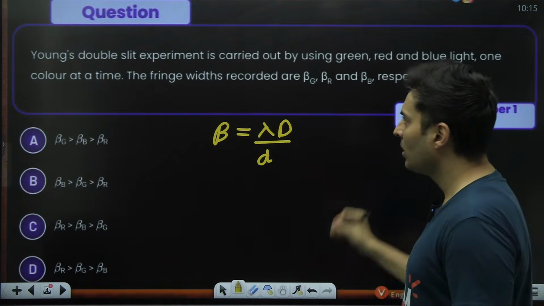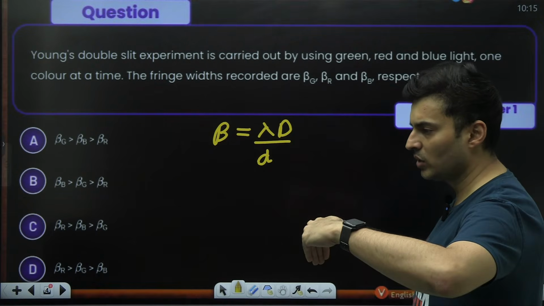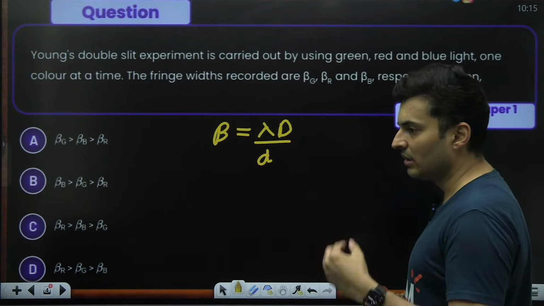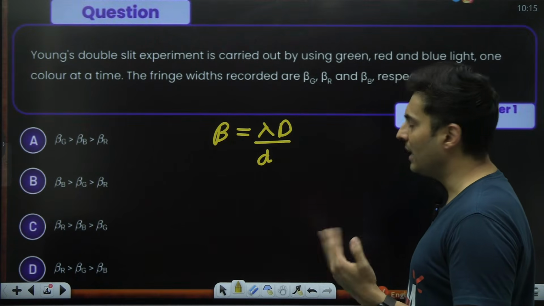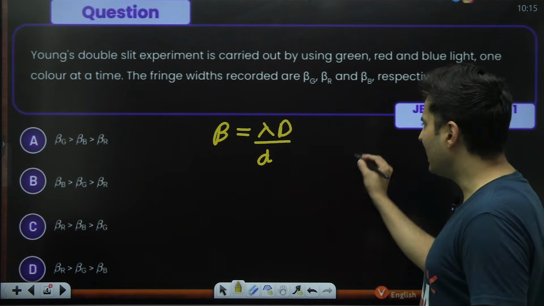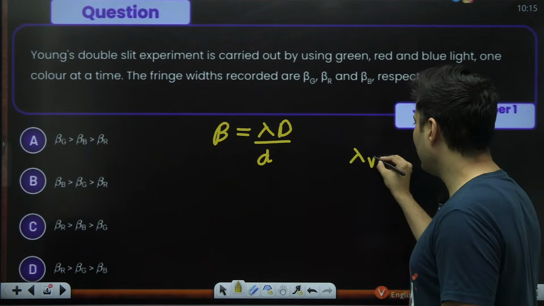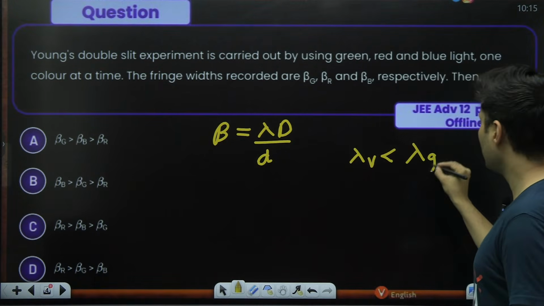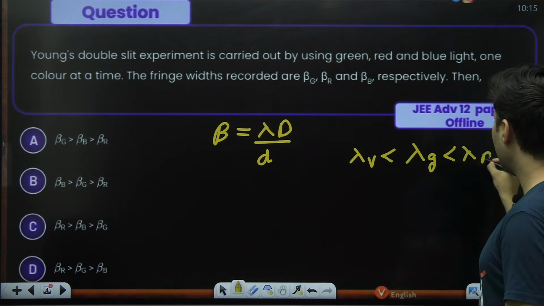Now we all know violet light deviates the most and red light deviates the least. So the refractive index and wavelength, everything are related to each other. Also lambda for violet is less as compared to lambda for green, and lambda for red is the highest.